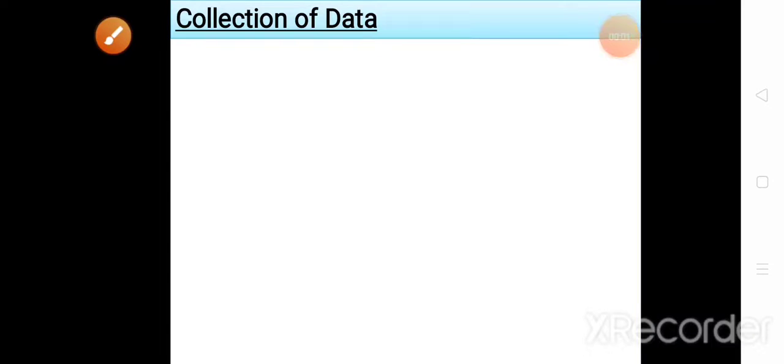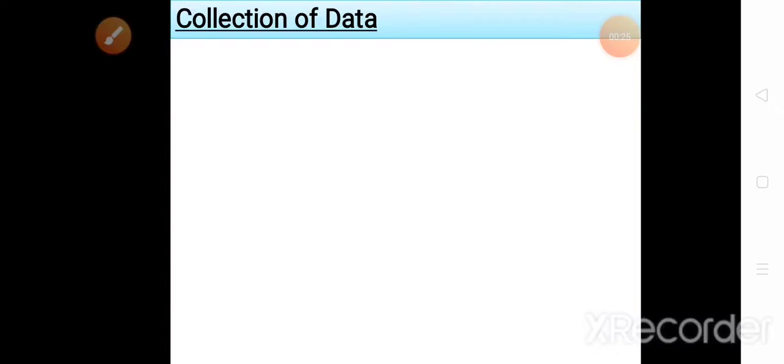First topic that we are going to discuss is collection of data. But before getting more into the topic, let's first understand what we actually mean by the term data. Data refers to any information of an area of interest to an individual or a group or a team, and it can be information related to anything.